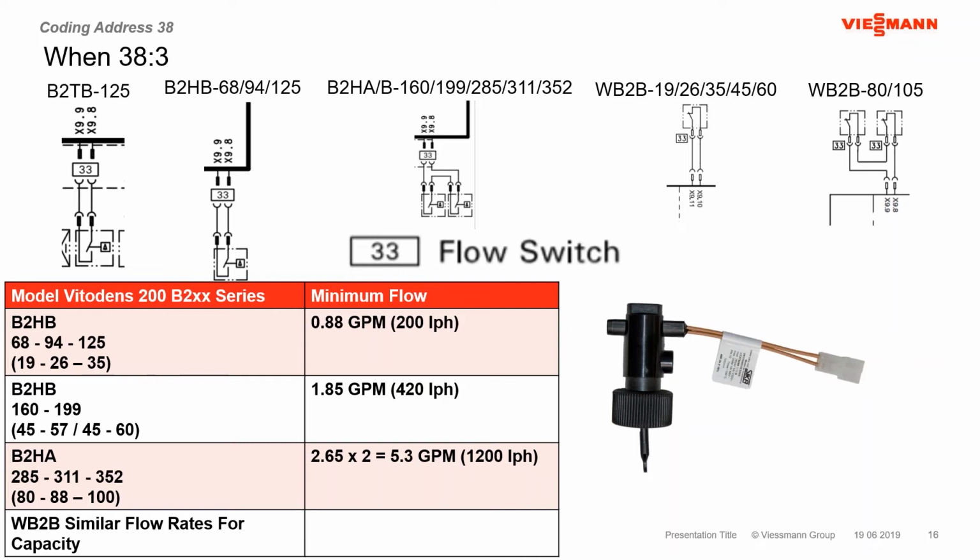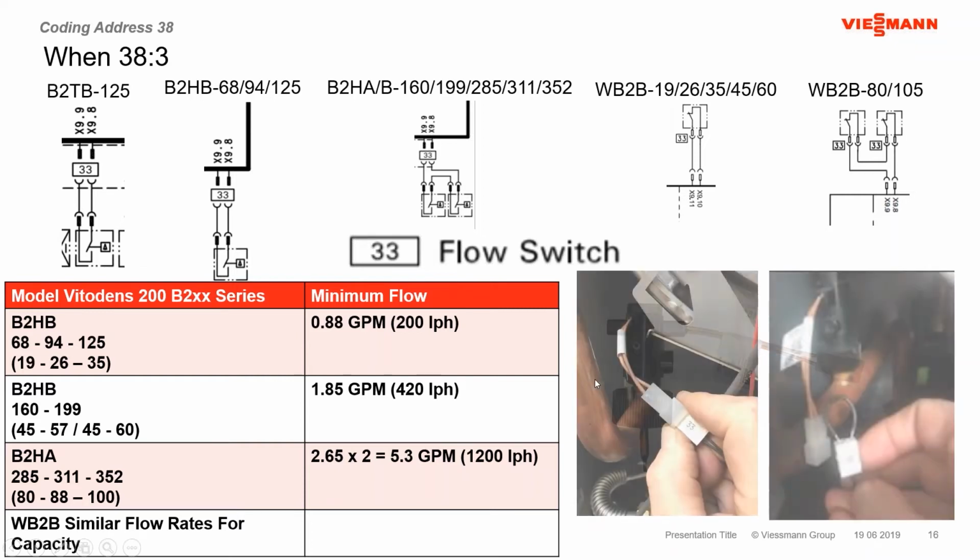Just the way the heat exchanger was created, it needed two flow switches instead of one. So you'll be dealing with two flow switches on some of those boilers. You'll see that B2HA 285, 311, and 352 have two flow switches at 2.65 gallons a minute, so we need at least 5.3 gallons or that boiler is not going to fire. It's blocked on the flow switch.